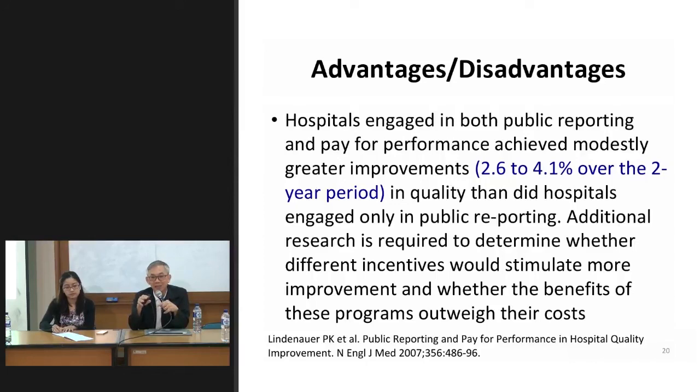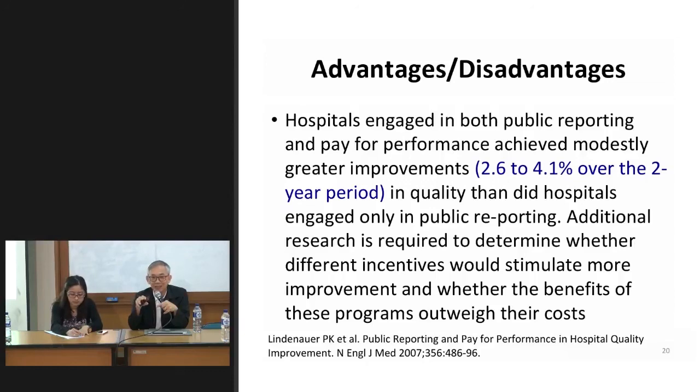It was compulsory, and this compares the hospitals that had public reporting plus P4P with the hospitals with only public reporting. And the result found that there was about a 2.6% to 4.1% increase in performance.